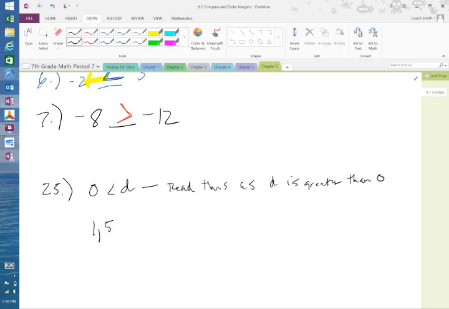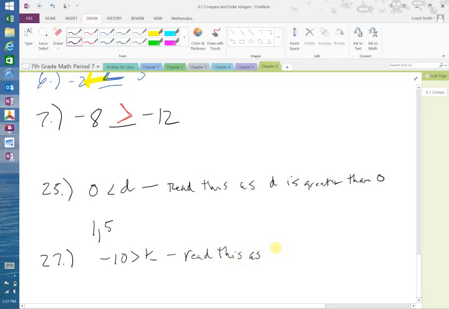Okay. Look at 27. 27 says -10 greater than k. You read this as k is less than -10. So what's a number less than -10?